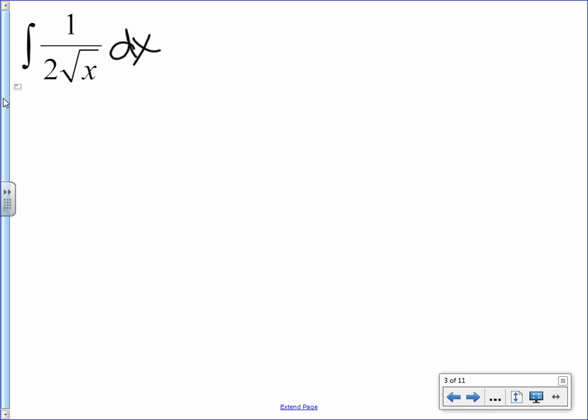Rewrite it to 1/2 x to the negative 1/2. Simple power rule, right, people? I don't want you guys to be freaked out by simple problems, okay?